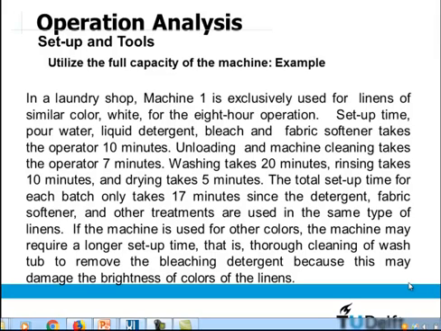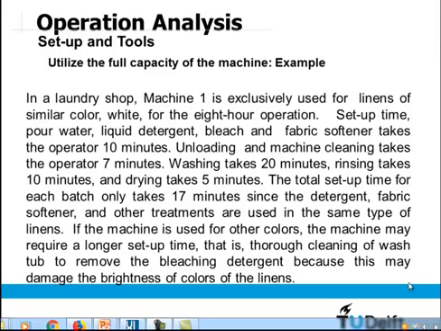The total setup time for each batch only takes 70 minutes, since the detergent, fabric softeners and other treatments are used on the same types of linens, because it is the same way of washing for the same color.